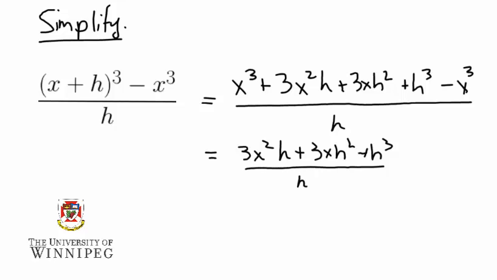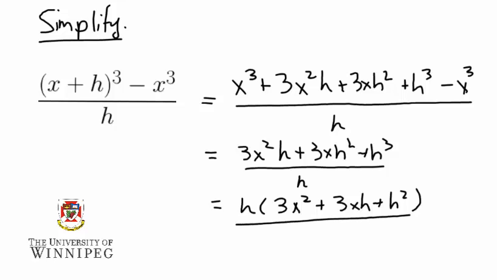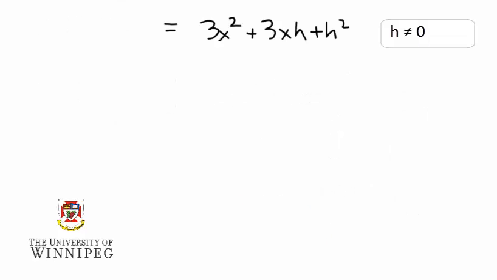And it looks like all of the terms in the numerator have an h, so let's factor out that common factor of h, and that's going to give us 3x squared plus 3xh plus h squared. And now as long as h is not 0, we can cancel off this common factor, and we'll be left with 3x squared plus 3xh plus h squared.